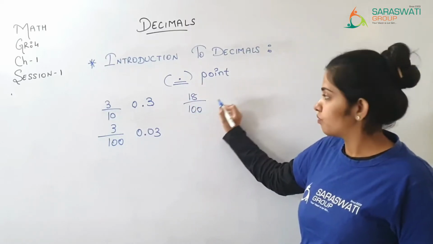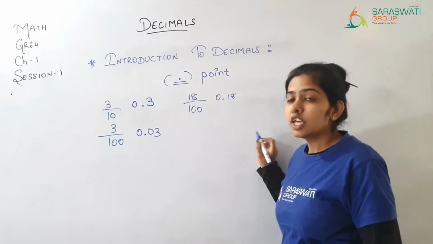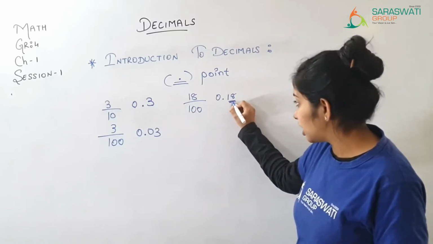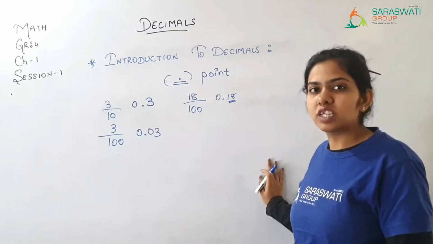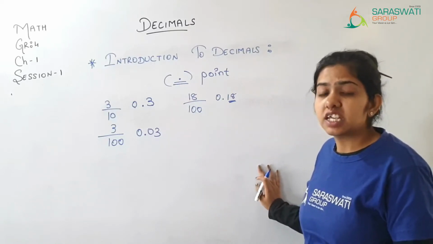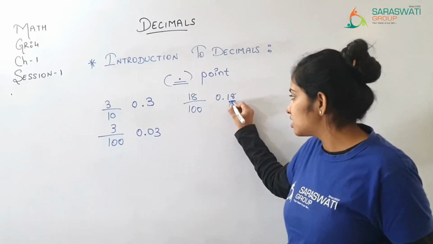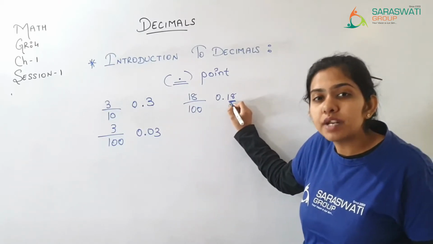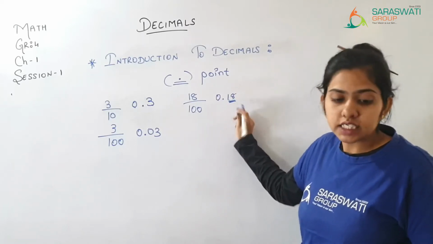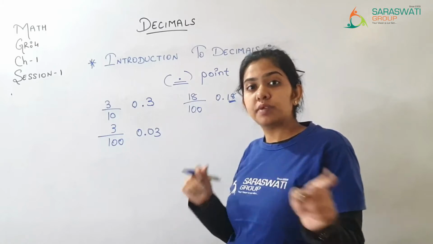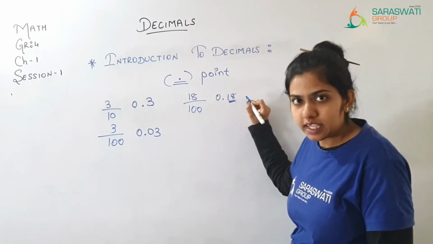Right? Now if it is 18 upon 100, so here already it is 2 digits and over here also 2, so it is simple 0 point. Now you will not read this number as 18, जैसे हम रेगुलर नंबर्स बोलते हैं 11, 12, 13, 16, 17, 18 ऐसे नहीं बोलना है. This number you are supposed to speak separately, that is 0.18. अगर आपको लिखने को बोले तो भी आपको ऐसे ही लिखना है 0.1 and then 8.